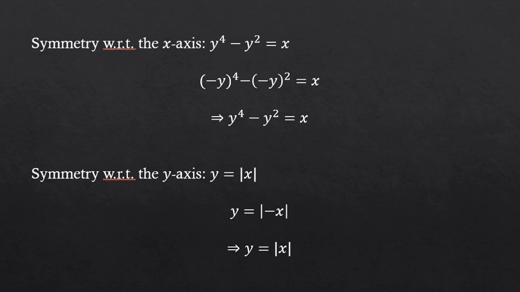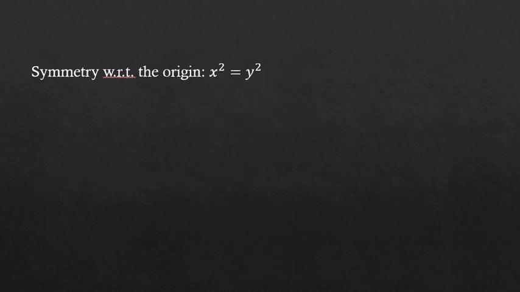An example of an equation that has symmetry with respect to the origin is x squared equals y squared. I'm substituting minus x in for x and minus y in for y. When I square these things, I'm going to get the same equation. And for symmetry with respect to the origin, what is this doing graphically?